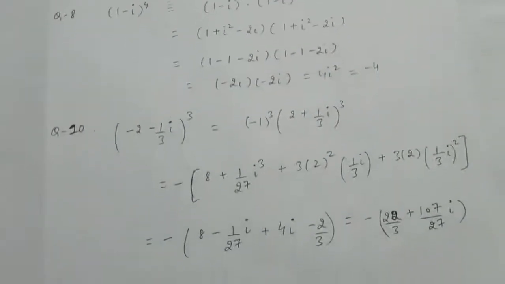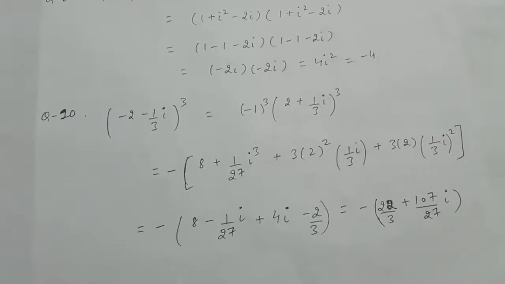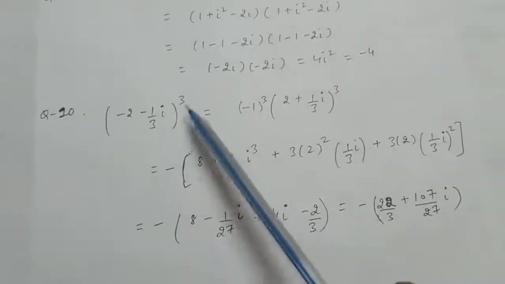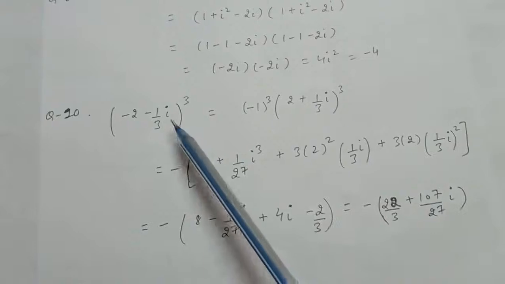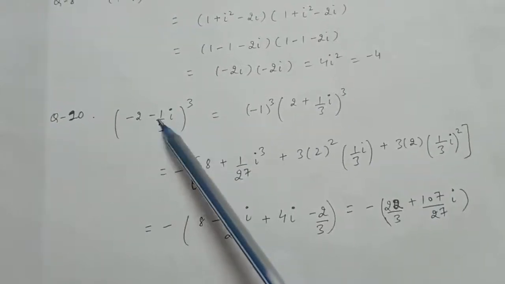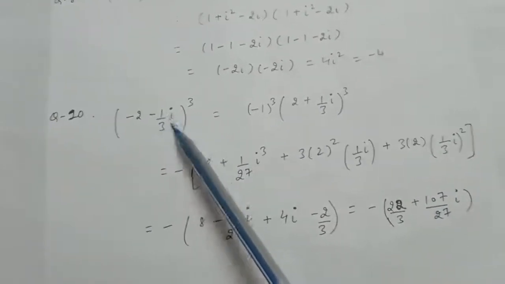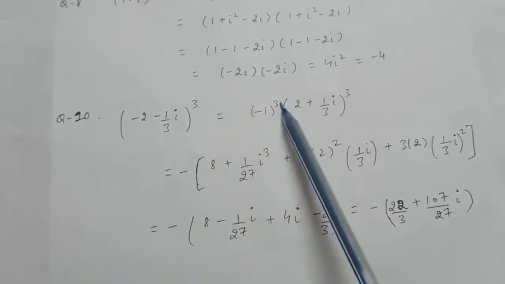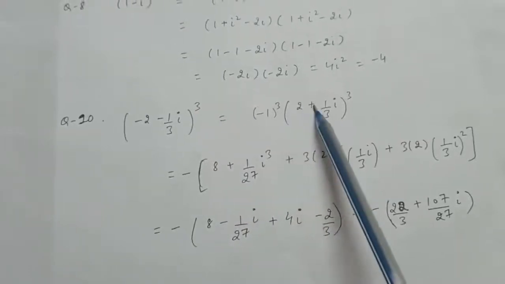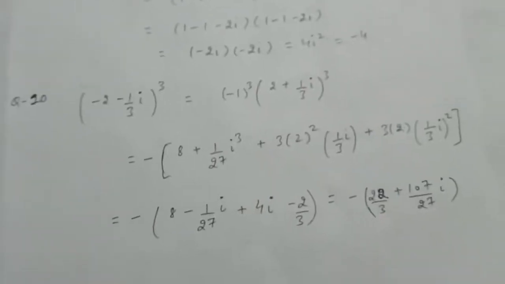Now question number 10, (minus 2 minus 1 by 3 iota) whole cube. So this can be written as, see, you can take out minus common from this, and (minus 1) whole raised to the power 3 into (2 plus 1 by 3 iota) whole raised to the power 3, right?